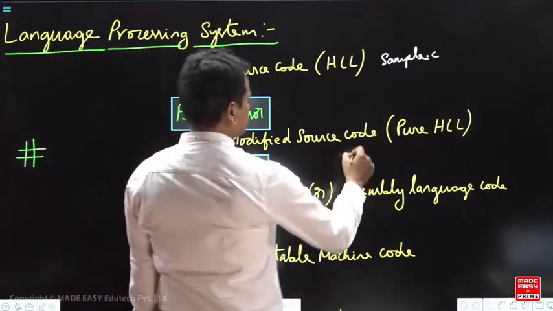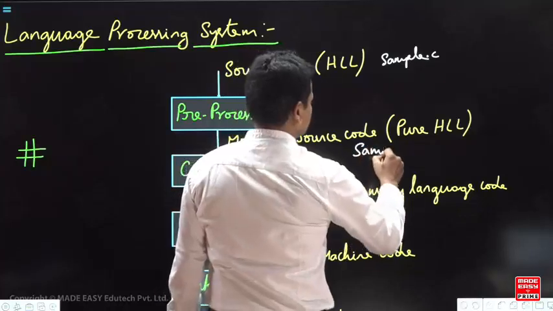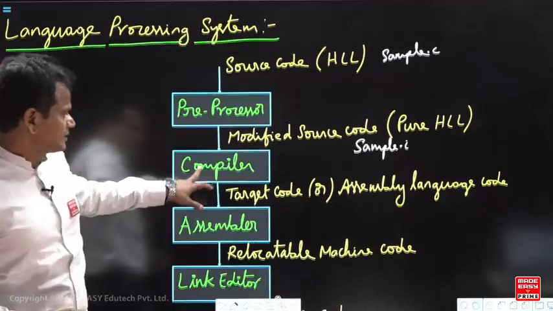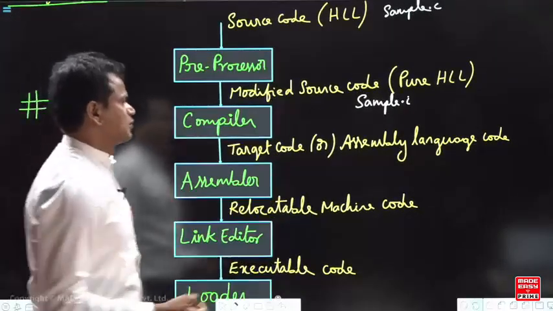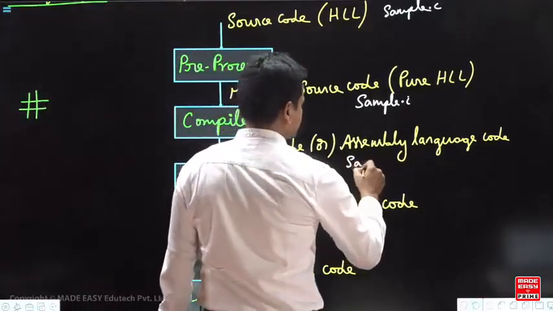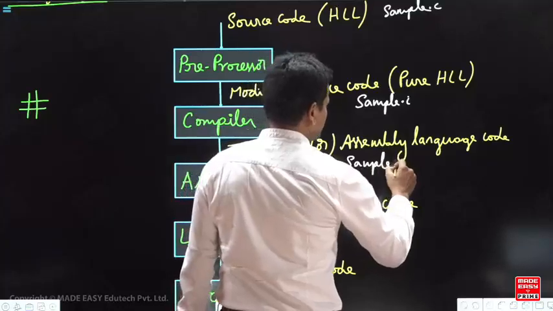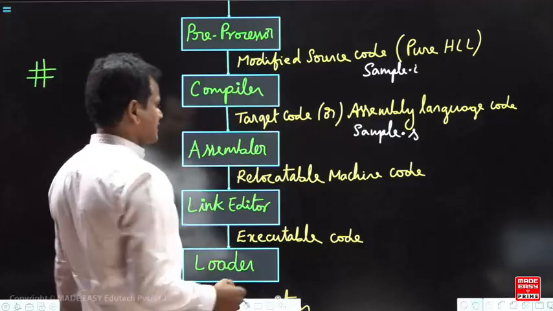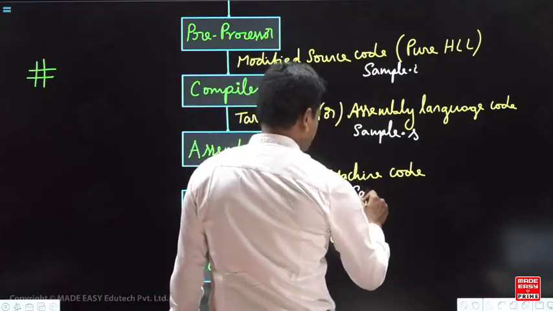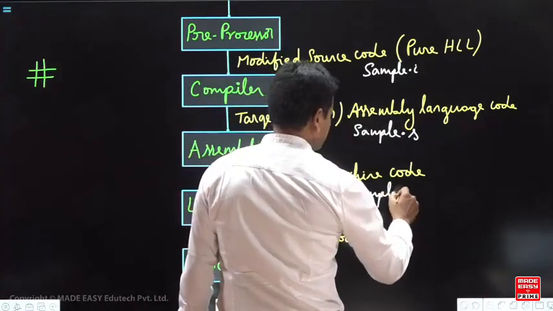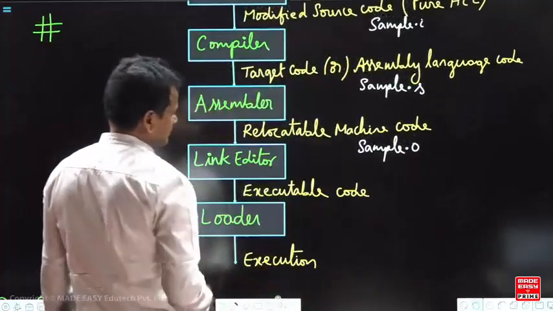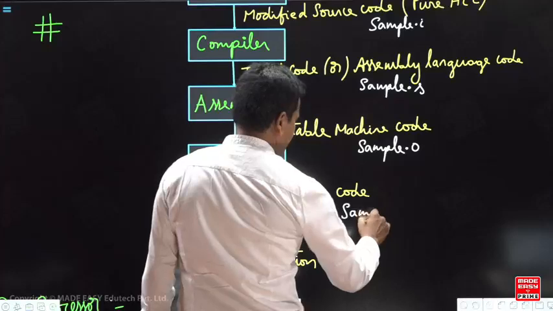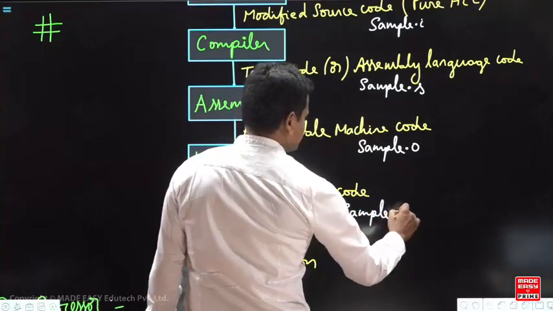The output of the preprocessor will be sample.i. The output of the compiler is target code, sample.s. The output given by the assembler is relocatable machine code, sample.o. And the link editor produces the executable code, the exe file.